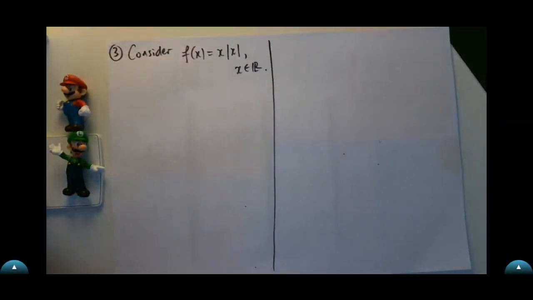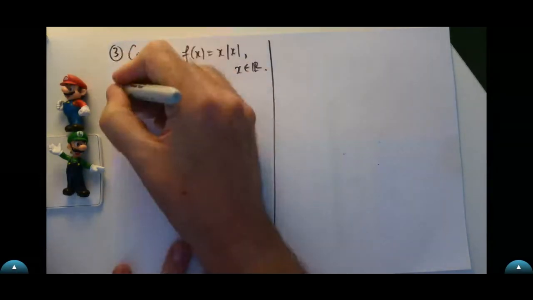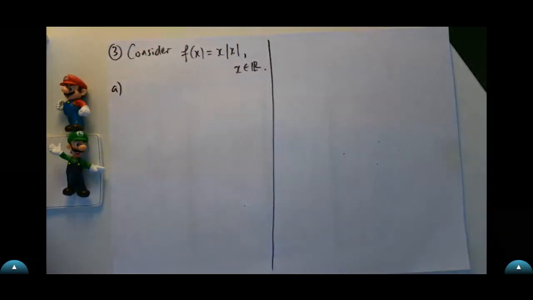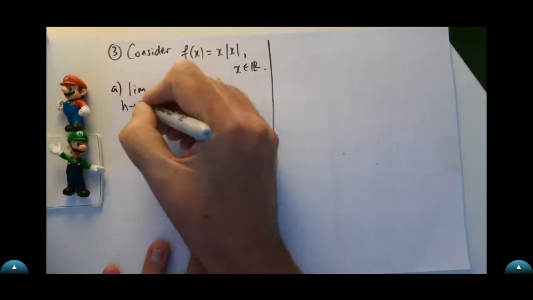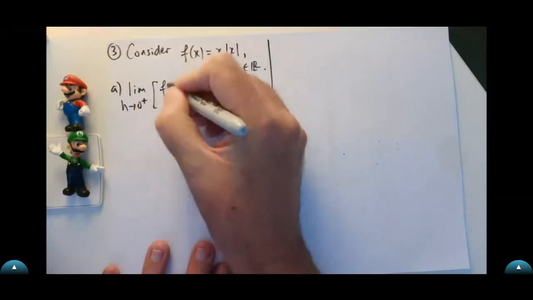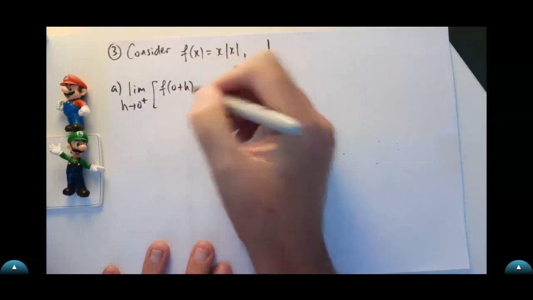So the first question involves, part of the question says, what is the limit as h approaches 0 from the right?